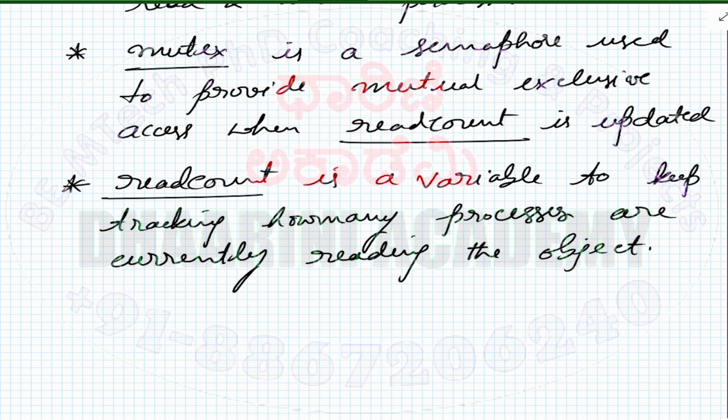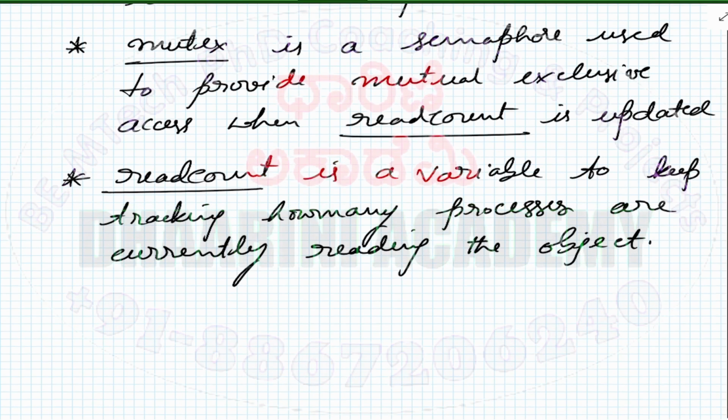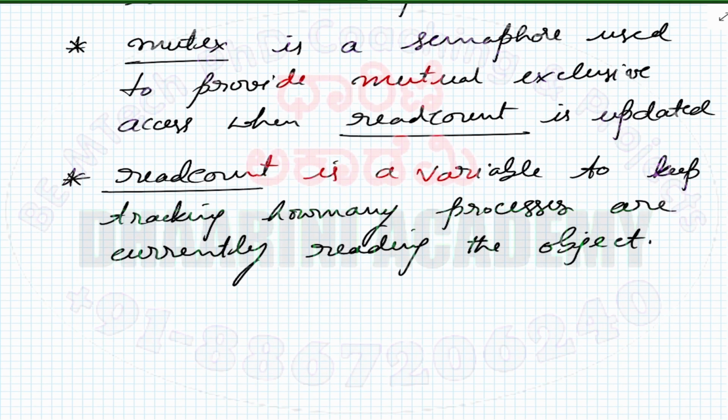So the semaphore WRT functions as a mutual exclusion semaphore for writers. That's why WRT is used.